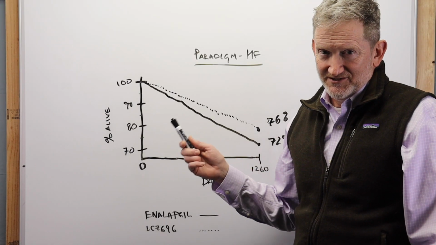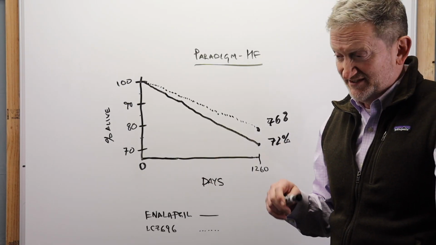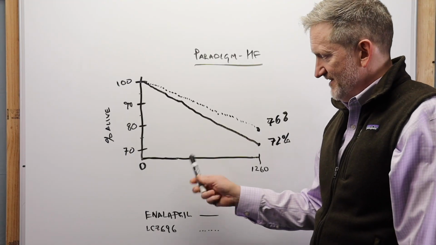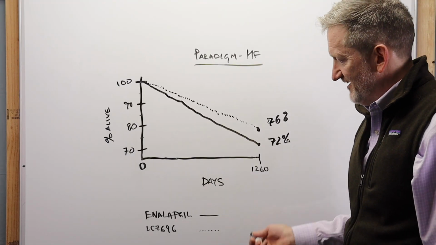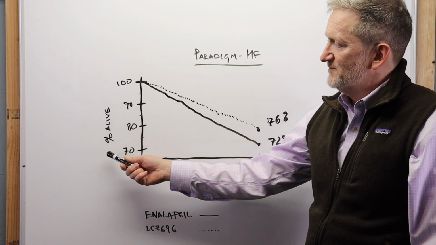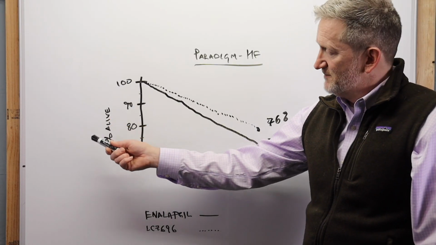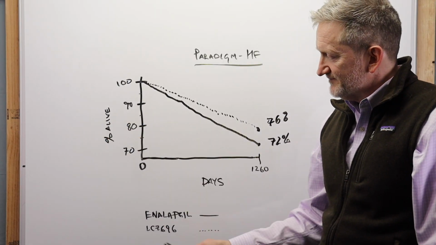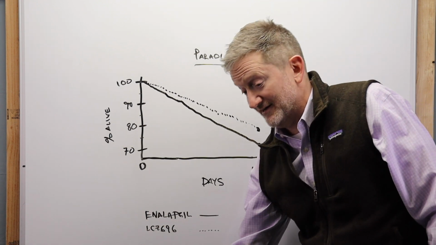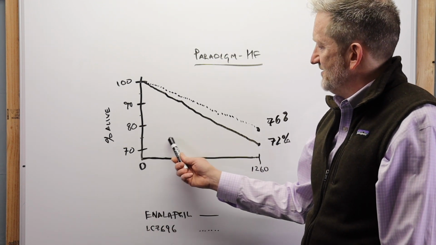Because the authors chose to do something a little different in their paper, as is their choice. What they did when they displayed this information in their paper, they wrote not the percent alive, but the percent dead. So it starts at not 100, but 0, which would be way down here, and inches up this way.